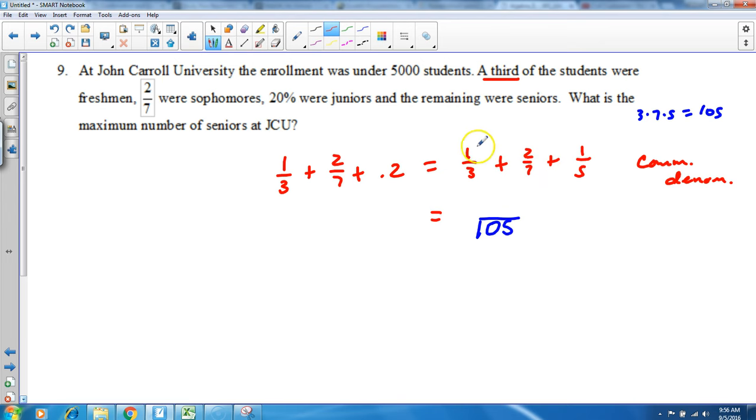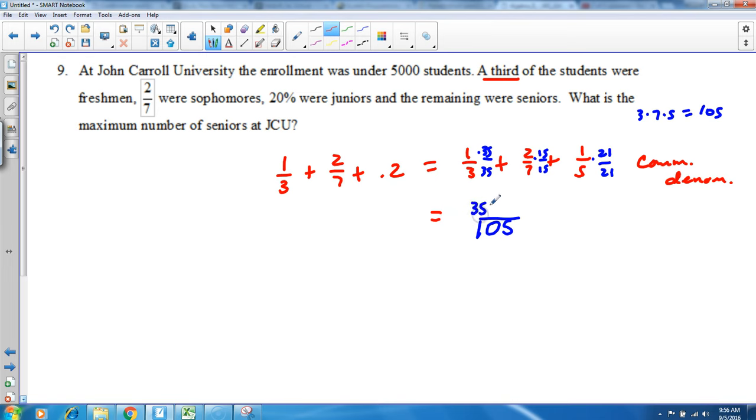What do we have to do to this to get 105? Well, I have to multiply it by 35. So this times 35 over 35 for a common denominator. This times 15 over 15. And then this times 21 over 21. Again, we're doing this to get a common denominator so that we can ultimately combine all of these.